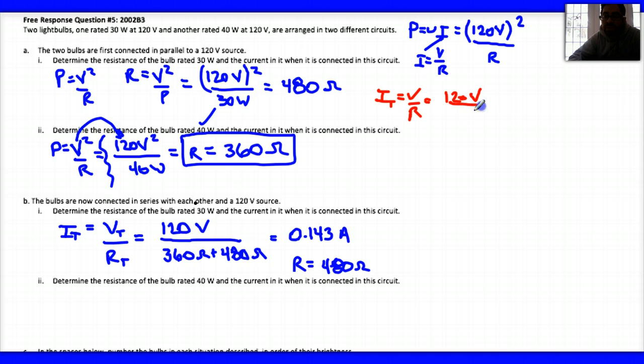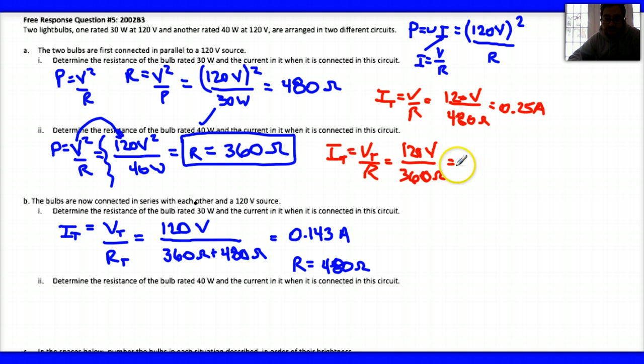So I get 120 volts over 480 ohms, and that gives me 0.25 amps. 0.25 amps for part 1. And for 2 down here, of course, I'll just do the same thing. Current is equal to voltage divided by resistance, and I get 120 volts over a smaller resistance of 360 ohms.